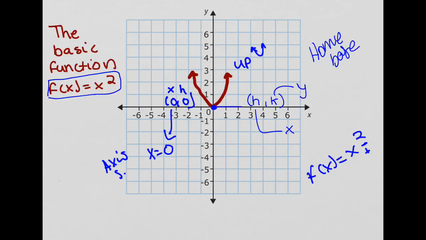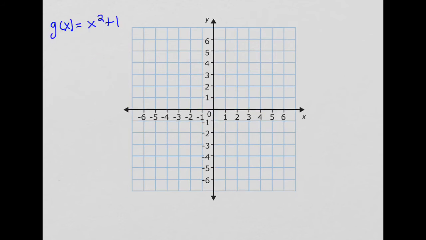So let's see the examples. The directions are: graph g of x equals x squared plus 1. So I'm thinking of the home base. I'm going to start by drawing the home base graph. My home base looks something like that. No perfection, but at least I know it starts at the origin, right in the middle. Now, this has a plus 1. That means I've been added plus 1.